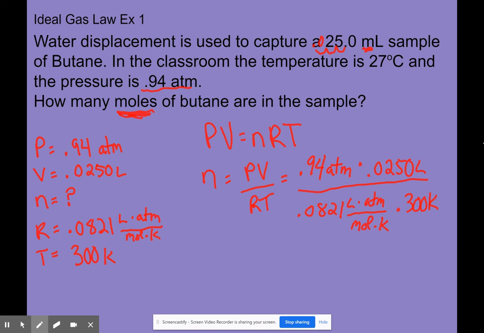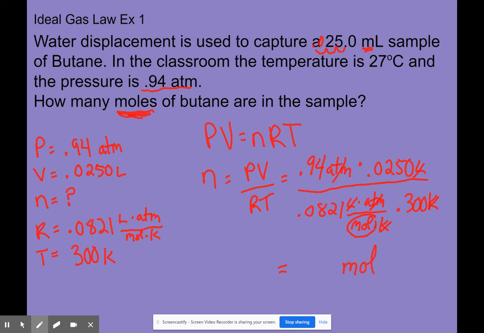Because if I didn't have the R value in there, nothing would cancel out. Atmospheres doesn't cancel out Kelvin, liters doesn't cancel out Kelvin, but here I can do liters cancels out liters, atmospheres cancels out atmospheres, Kelvin, Kelvin. I'm left with moles on the bottom, but moles is in the denominator of the denominator, so it actually means that we're left with moles on top.